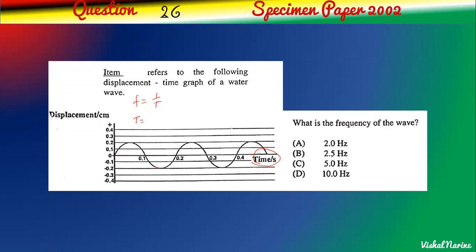So this is basically one oscillation, so the time is this value here, which is 0.2 seconds. Therefore the frequency is equal to 1 over 0.2, which is equal to 5 hertz. All right, so the answer here is C.